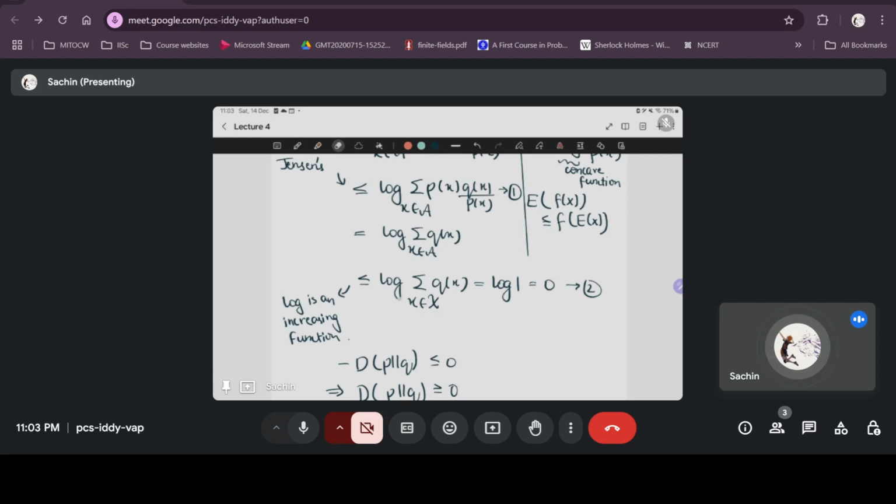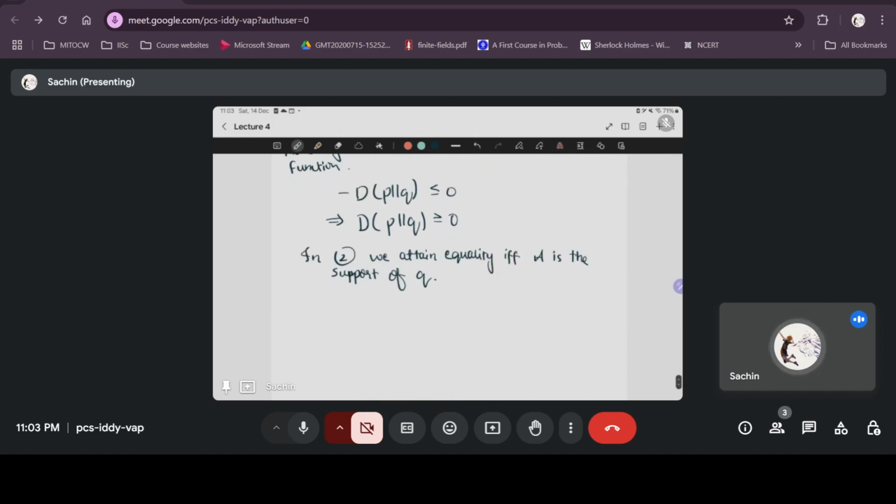Otherwise, if there was some value that did not belong to A but had a positive probability, then this sum would be greater than this sum. So since both sums are equal, for all x not in A, q of x must be equal to 0. That means both p of x and q of x have the same support.